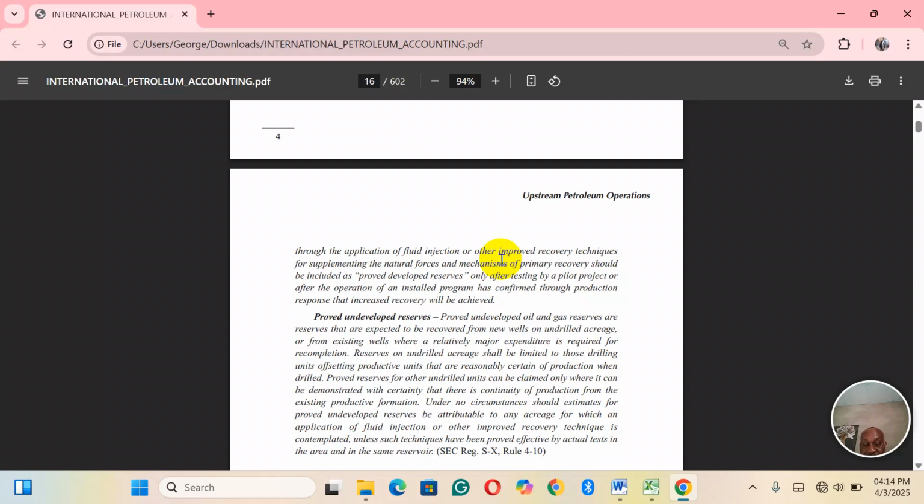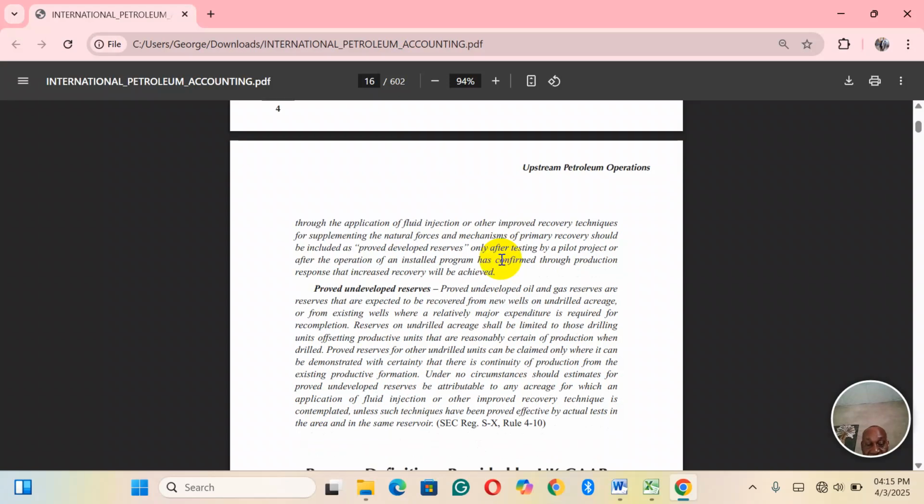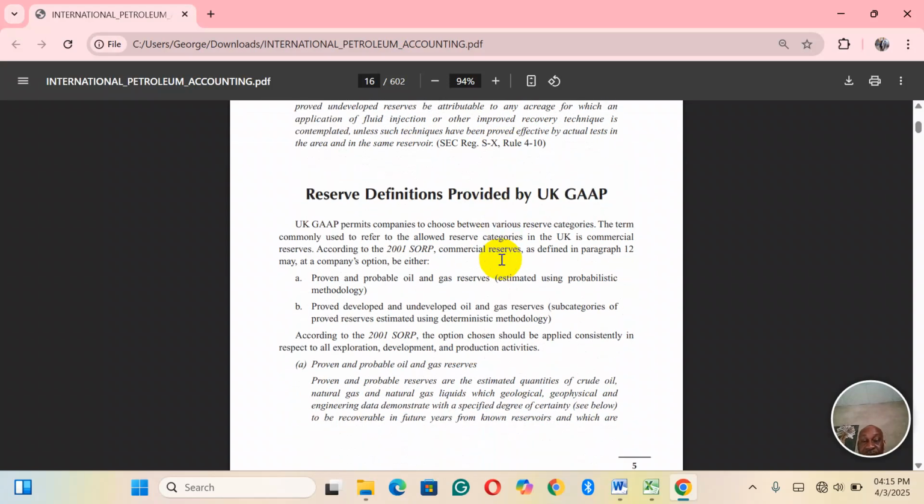Under no circumstance should estimates for proved undeveloped reserves be attributed to any acreage for which an application of fluid injection or other improved recovery techniques is contemplated, unless such techniques have been proved effective by actual tests in the area and in the same reservoir. So that is the reserve definition provided by US GAAP.